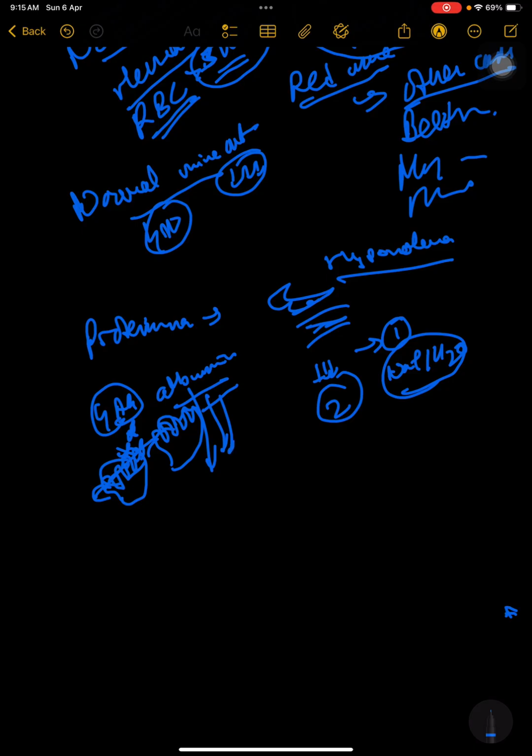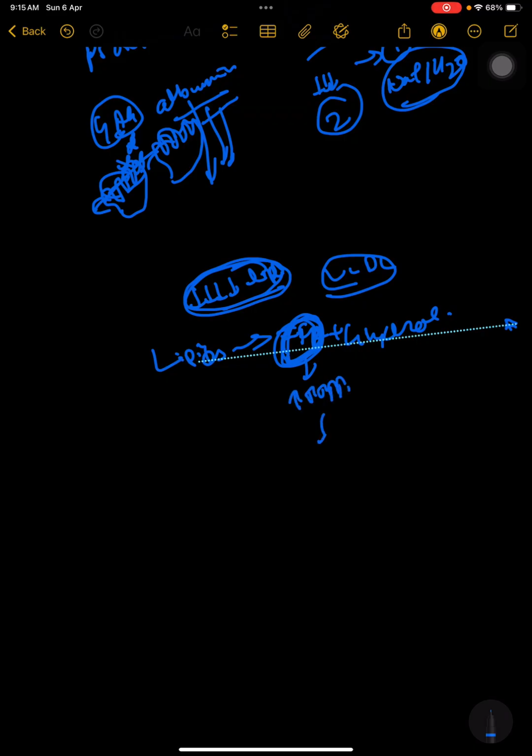Hypercholesterolemia, I already told you, reflects an increase in the level of VLDL and a decrease in the level of lipoprotein lipase. Lipoprotein lipase is responsible for converting lipids into free fatty acid and glycerol. This free fatty acid is very toxic. If it is in excess, the patient can land up with diabetes.